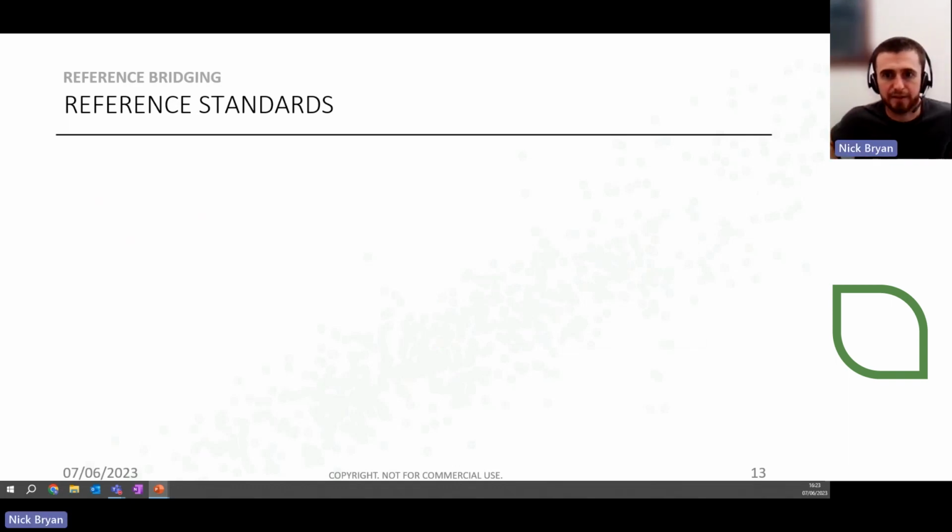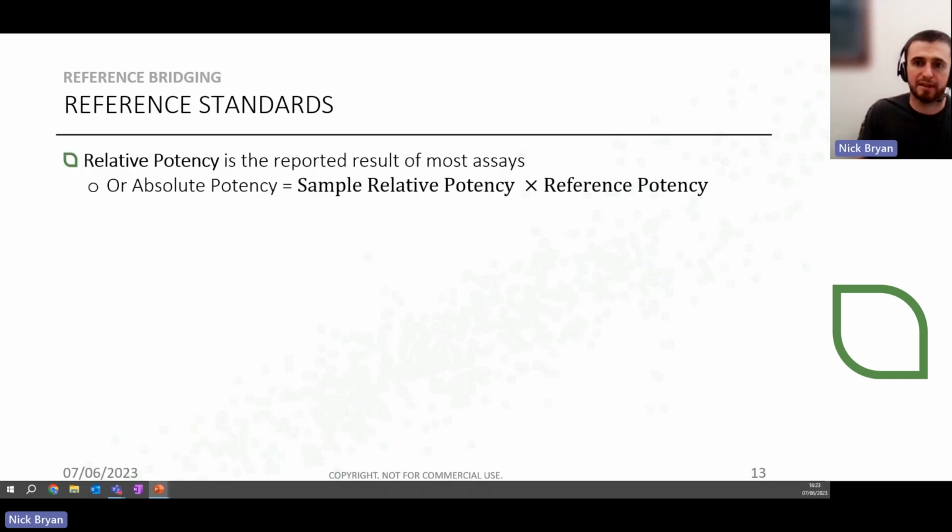So the reference standard itself, as we've discussed, is pretty critical to bioassay, because it's necessary to have a reliable material against which we're going to test our test samples, so that we can accurately quantify our relative potency. And the reference standard itself will have, or we can assign, some sort of level of specific activity of the 100% potent reference material.